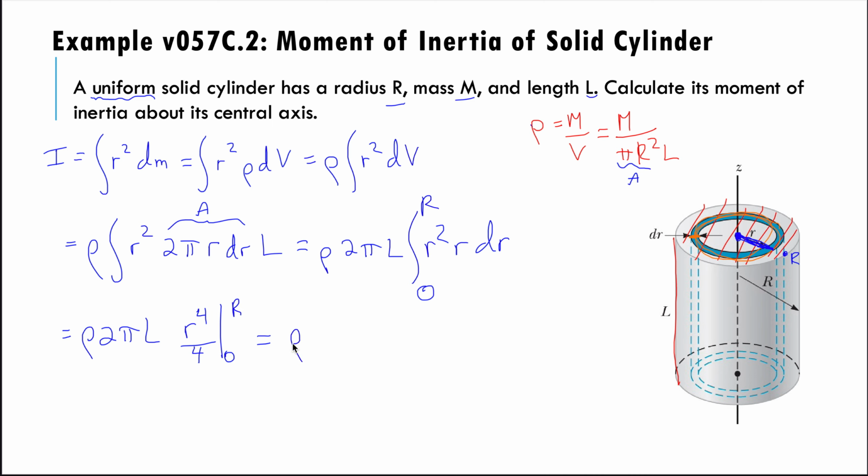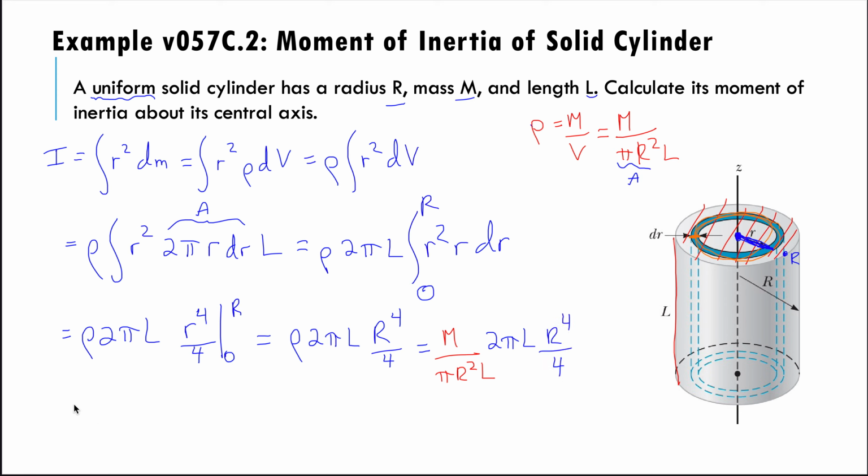It's going to be rho 2 pi L times capital R to the 4th over 4. Now we can go ahead and plug in our density. This was our uniform density, M over pi R squared L was our density. Then we're going to multiply by 2 pi L R to the 4th over 4.